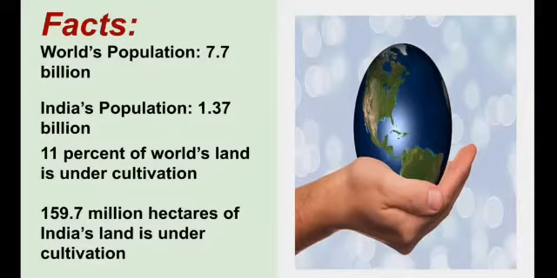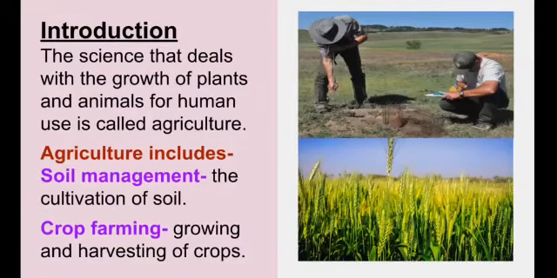Let us understand some basic terms about the chapter before we discuss it in detail. So we understood why we need to study this chapter in the first place, and why we need to know all the steps necessary for the cultivation of crops.